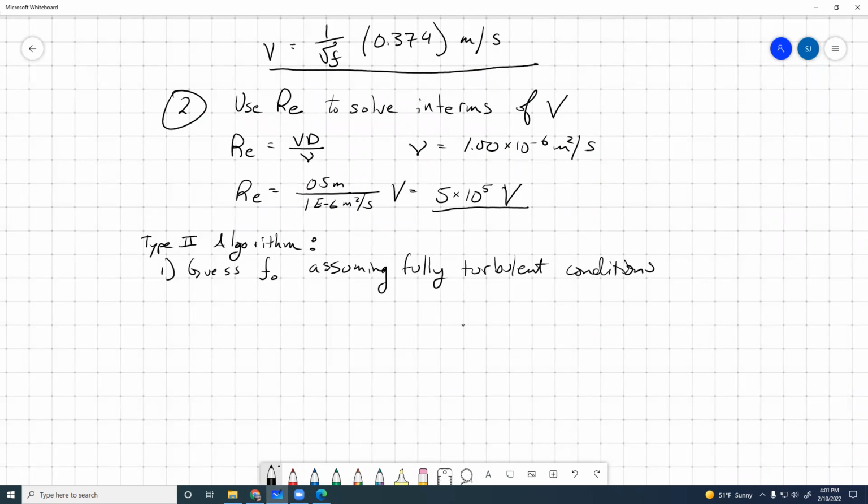Now we're going to use equation 1 to solve for velocity. Then we solve for Reynolds number using equation 2.